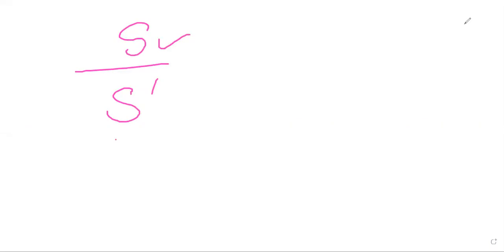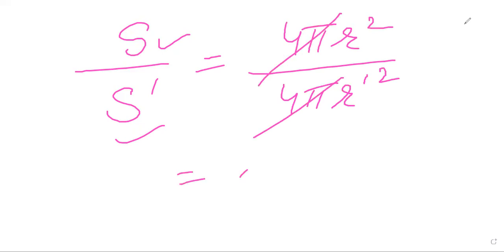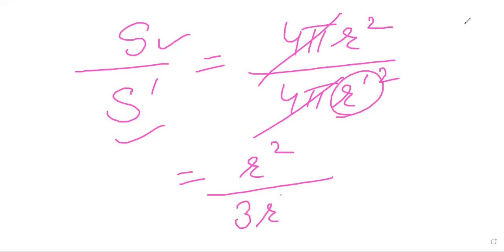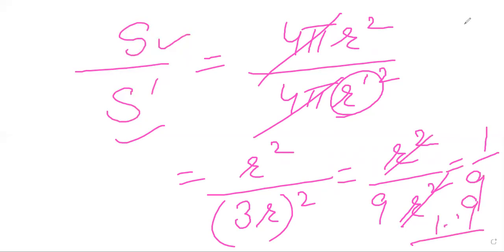The surface area is 4 pi r square. For the greater one, whose radius is r dash, it is 4 pi r dash square. 4 pi and 4 pi cancel. r square divided by r dash square, where r dash is 3r, that is 3r square. Open it: r square upon 9 r square. r square and r square cancel. It's 1 upon 9, that is 1:9. So their ratio will be 1:9.